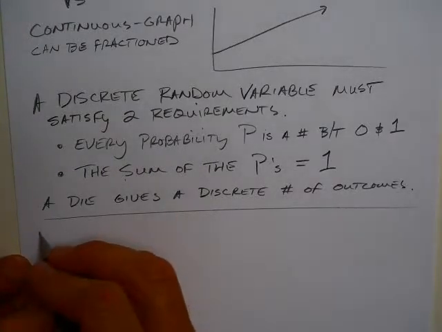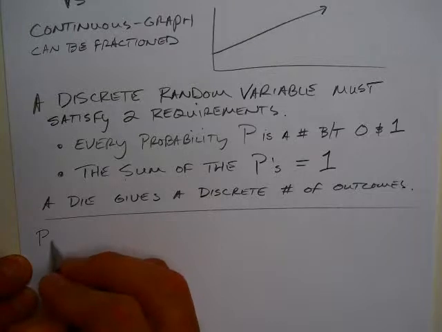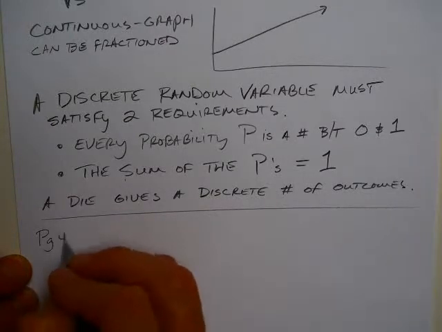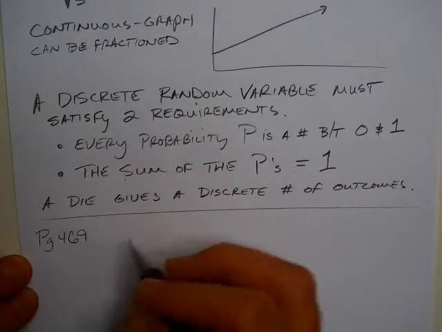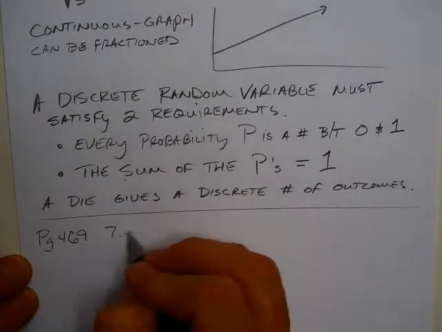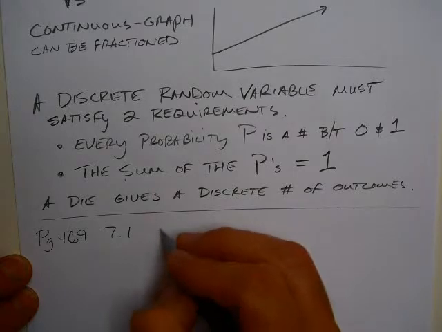All right, so we're going to look at a problem. Page 469. It's not one of the problems in your problem set, but it's 7.1. And it's roll of a die.